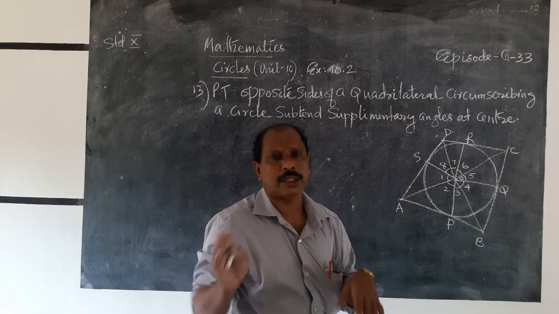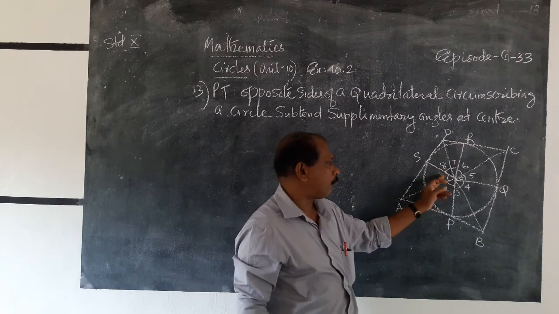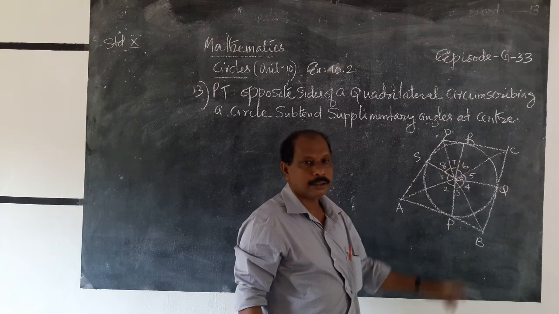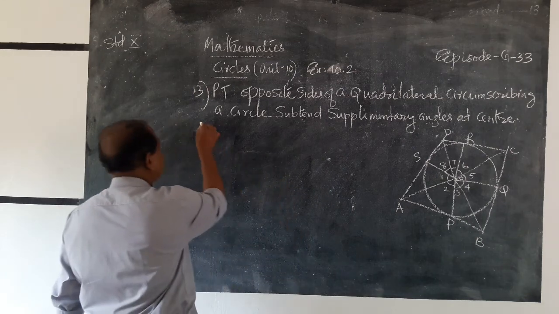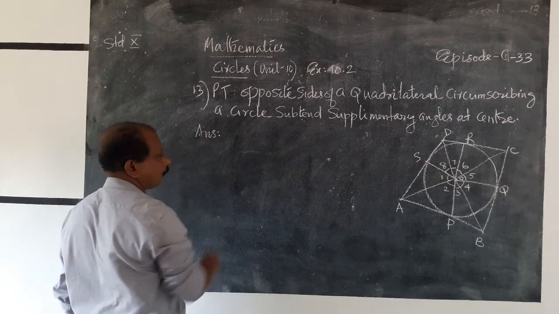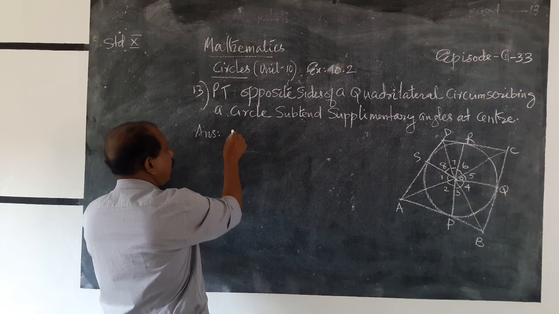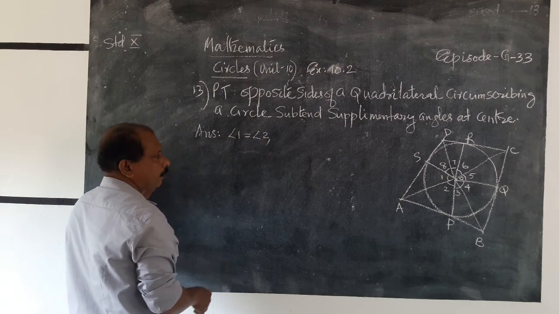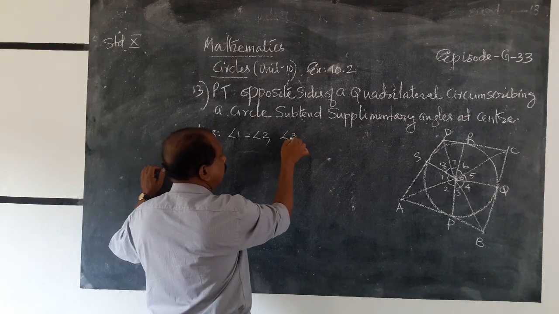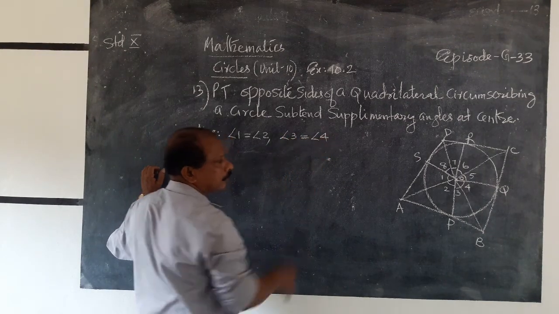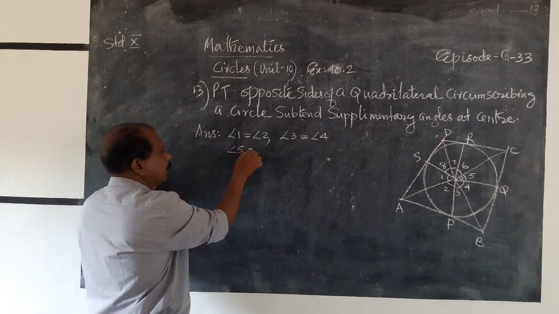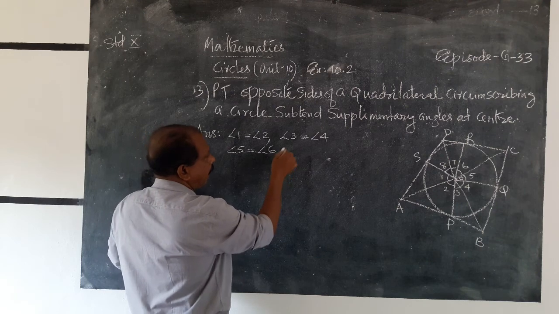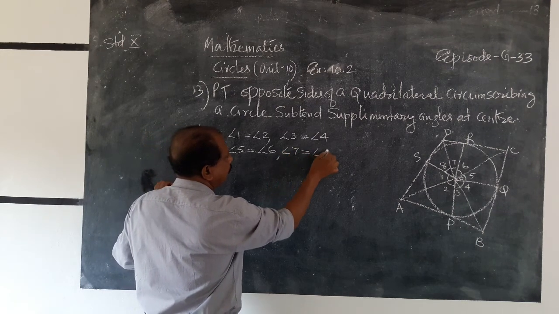The corresponding triangles are congruent using the RHS property. Therefore, the corresponding angles are equal. That is, the angles at the center are 1, 2, 3, 4, 5, 6, 7, 8. They are equal. That means the answer is: angle 1 is equal to angle 2, then angle 3 is equal to angle 4, then angle 5 is equal to angle 6, angle 7 is equal to angle 8.